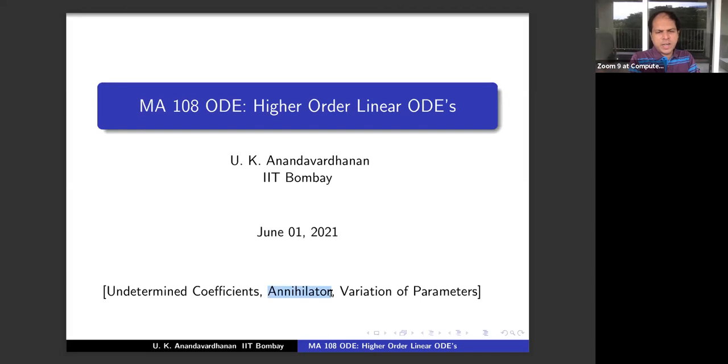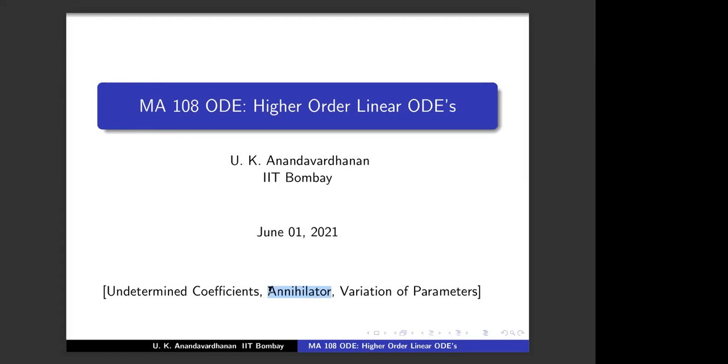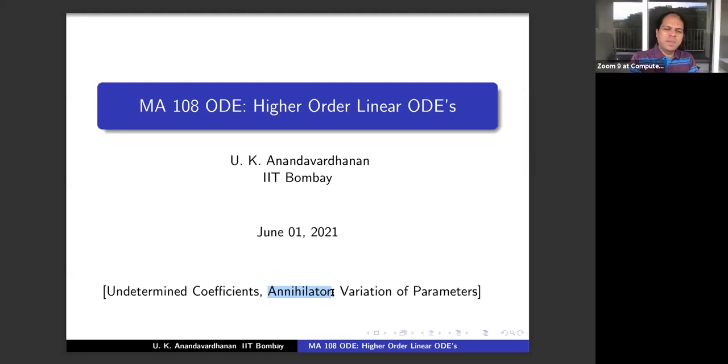Annihilate means kill, meaning make it zero. That's how we use the word kill in mathematics. The annihilator method is just another name in some sense for this method. It gives a little theoretical explanation of why undetermined coefficients works. So basically it's the same method.